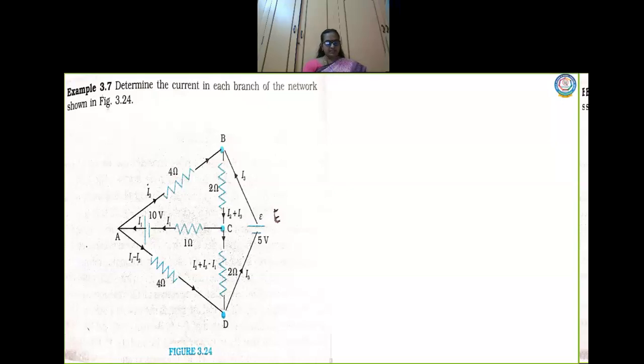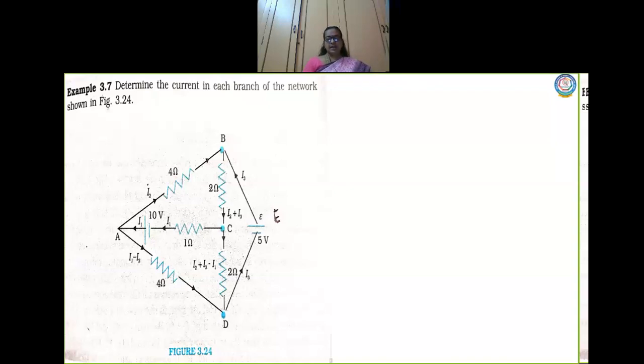So to reduce the number of unknowns at the outset, the first rule of Kirchhoff is used at every junction to assign the unknown current in each branch. We have three unknowns, I1, I2, I3, which can be found by applying the second rule of Kirchhoff to three different loops.